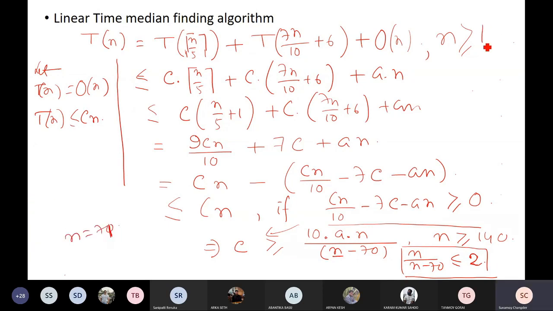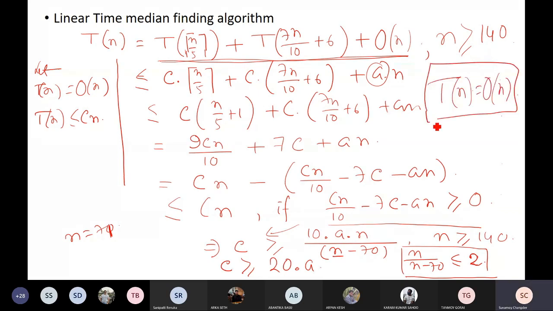So 140 is the minimum value for which this recurrence will hold. And for this one, we can say that C is greater than or equal to 20 into A. Whatever constant you consider here, if we consider 20 multiplied by this A and C is greater than this, then the recurrence will hold true, and therefore we can say that the time complexity of the algorithm is order of n in the worst case.